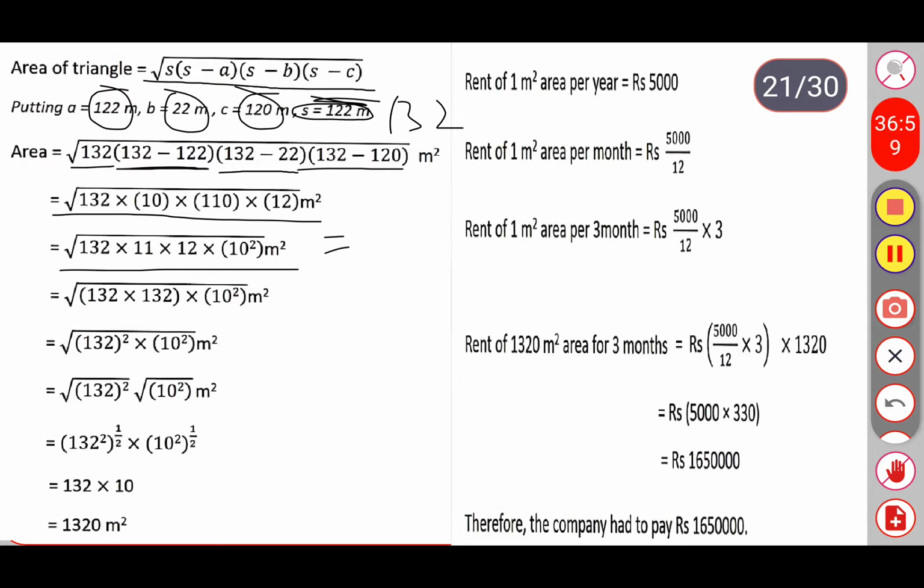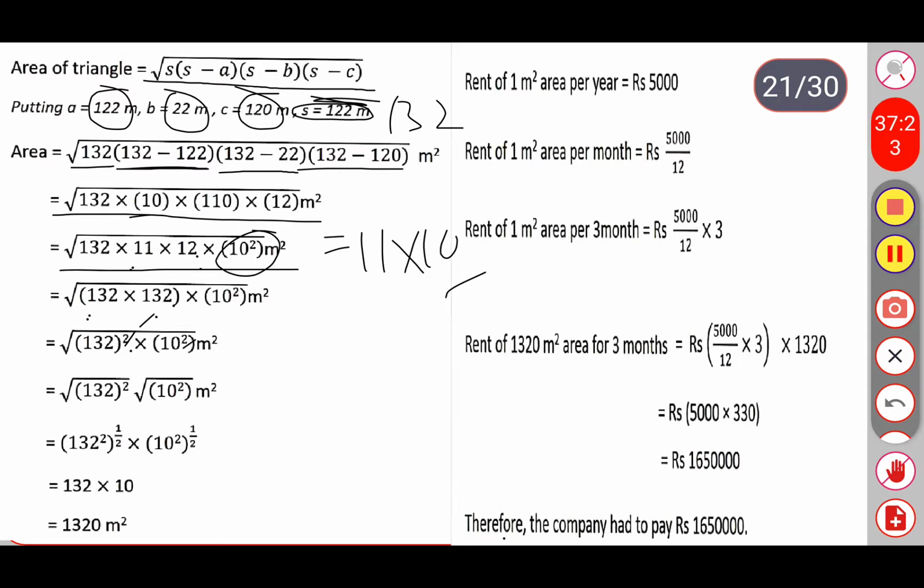132, and this 110 can be written as 11 into 10, right? So here 10 and 10, this becomes 10 square, remaining 11 and 12. 12 elevens are 132. 132 into 132 is 132 square.